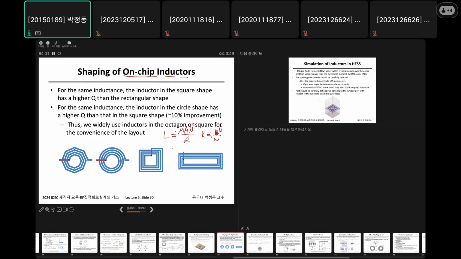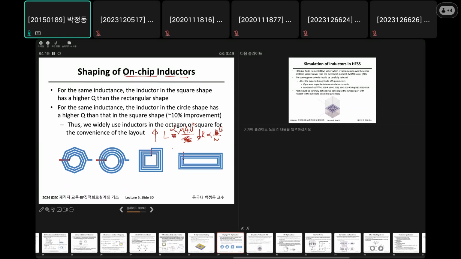Since for on-chip, we don't have this. Okay? So inductor is just proportional to this. So we want to make this high while we want to make this low. So how can we do that?